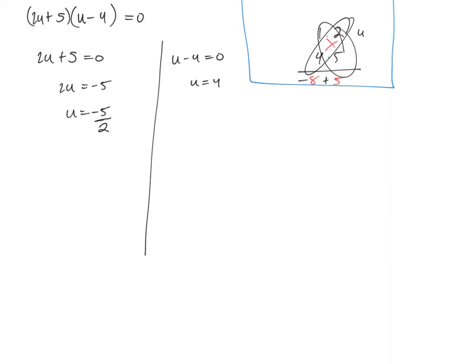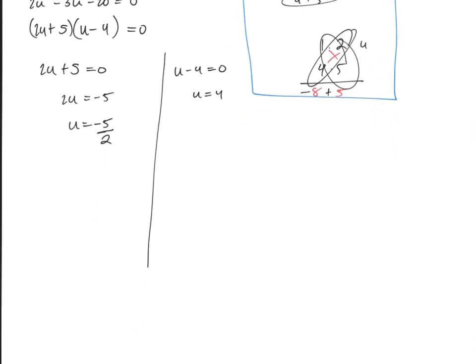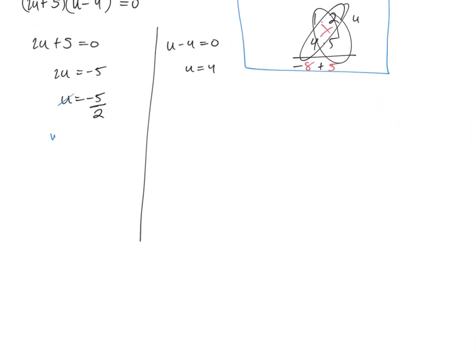But we're not asked to solve for u, careful, we need to solve for w, which is to the 1/3 power. So replacing that with the 1/3 power, we get w to the 1/3 equals negative 5 over 2, and w to the 1/3 equals 4. Go ahead and pause the video and see if you can figure out how to solve this.